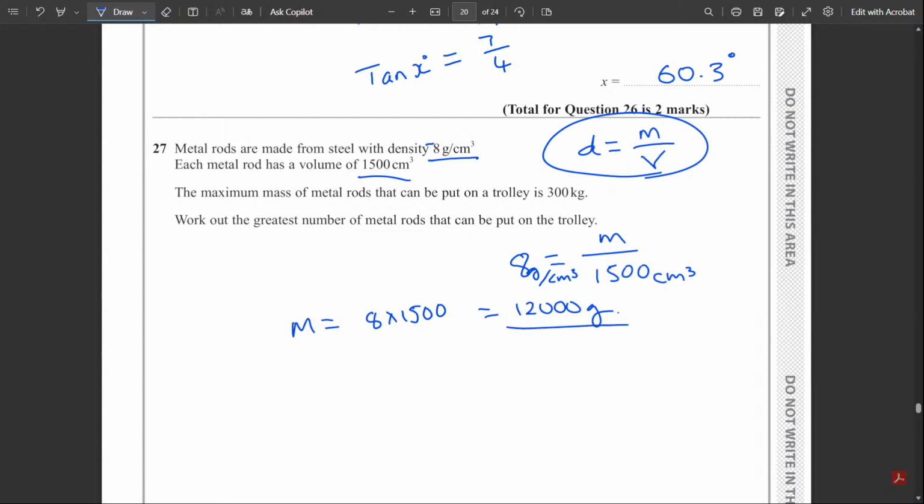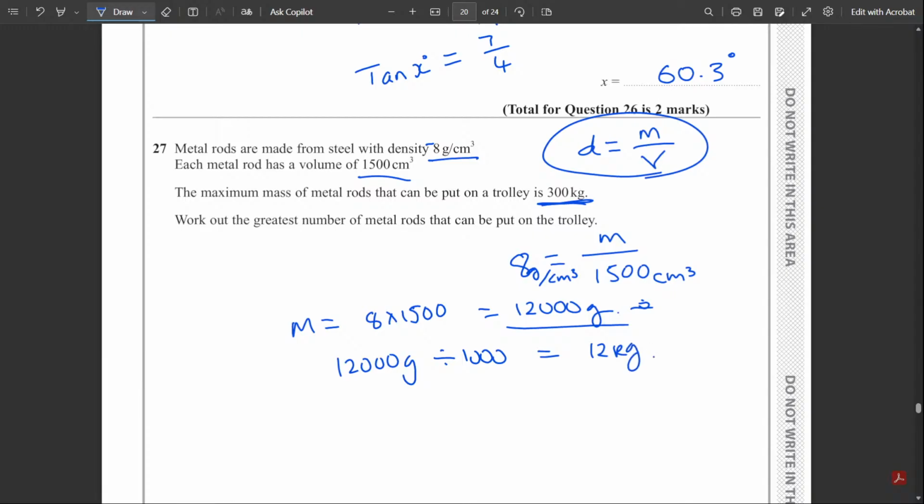Okay, so that's 12,000 gram. And we're dealing with a trolley that works in kilograms. So we're saying 12,000 gram, divide that by 1,000, because 1,000 gram makes 1 kilogram. That gives you 12 kilograms. So 1 bar weighs 12 kilograms.